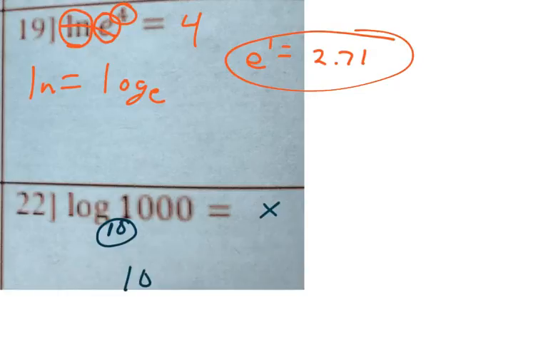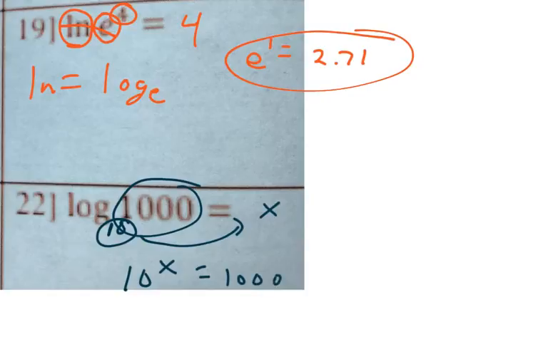So 10 to some x power has to equal 1,000. That's how you read log functions. The base tells you basically what its inverse power function is. In this case, it was 10. Now, guys, hopefully you could do this in your head. Since 1,000, for example, has 3 zeros, you should know 1,000 is 10 to the 3, right?